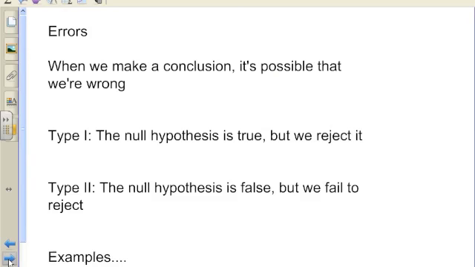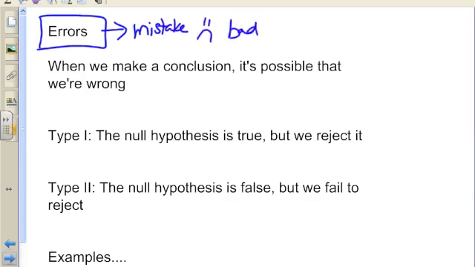The last thing I want to talk about with hypothesis testing is the concept of errors. Now, this time, when I say error, I mean mistake, okay? Like, this is bad, but they happen. When we make a conclusion in hypothesis testing, it's possible that we're wrong.